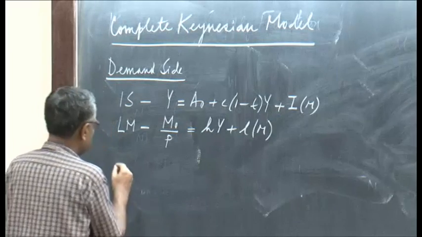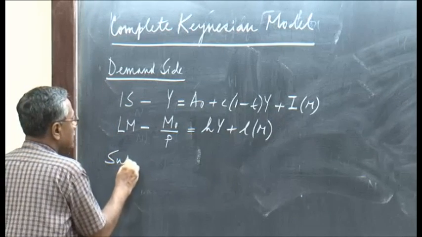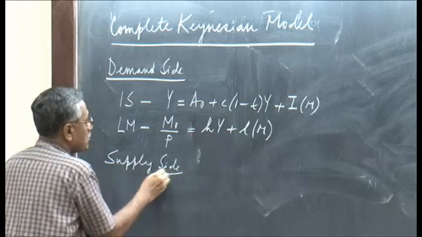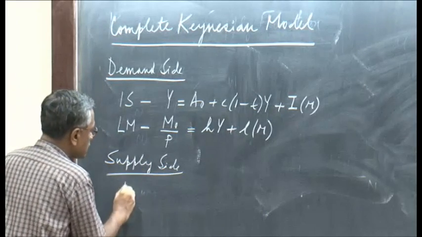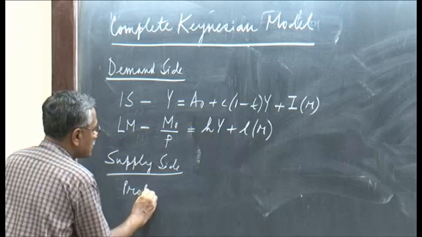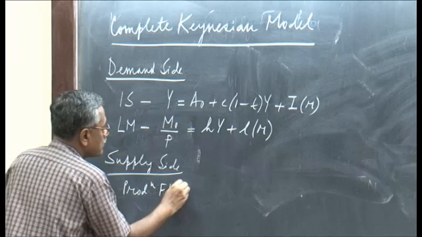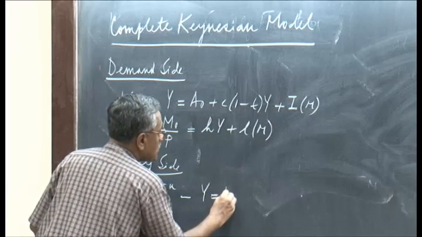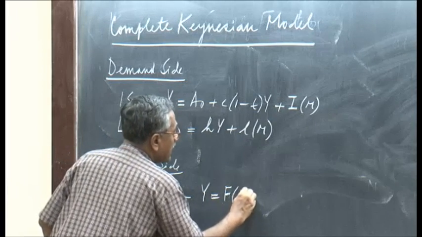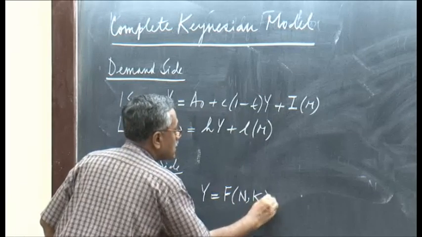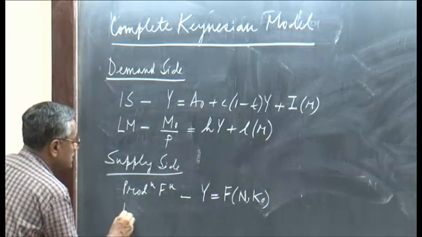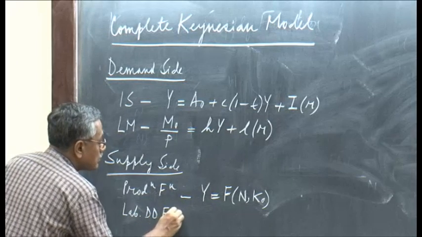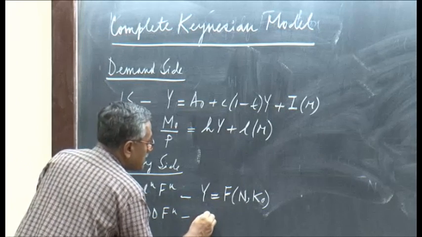Okay. Then on the supply side, there are two more equations. One is the production function, Y is equal to F(N, K naught), and the other one is the labor demand function.